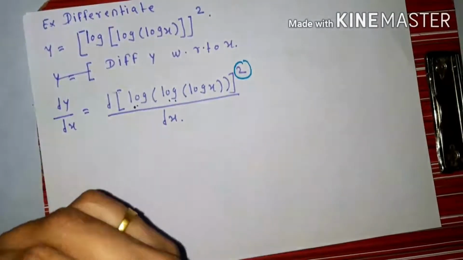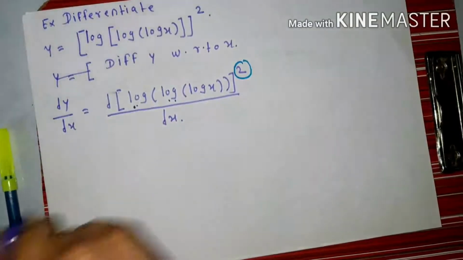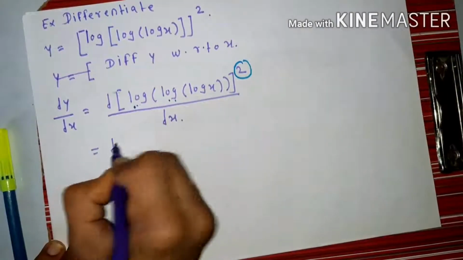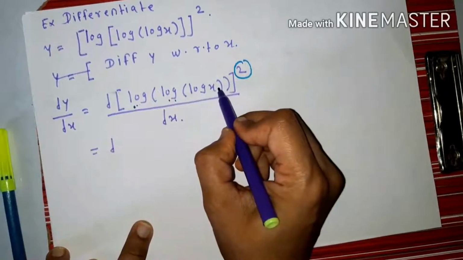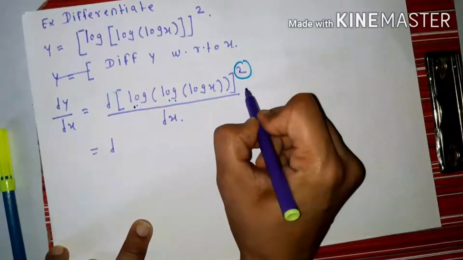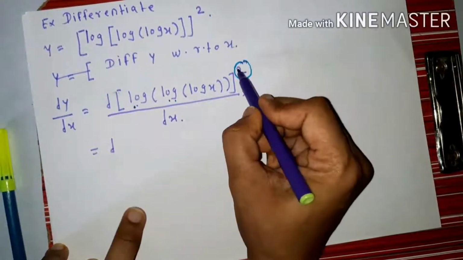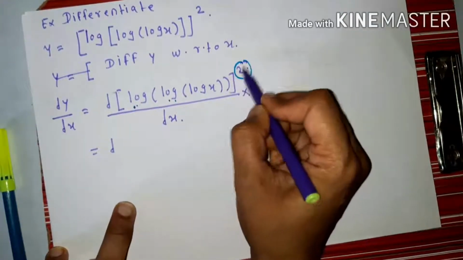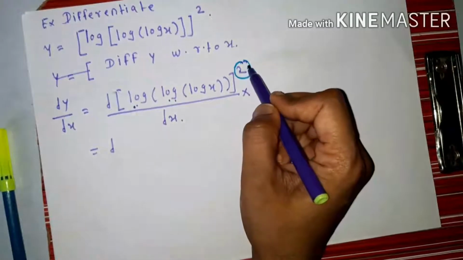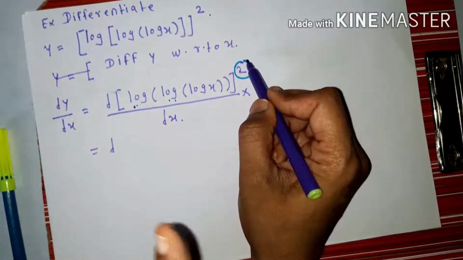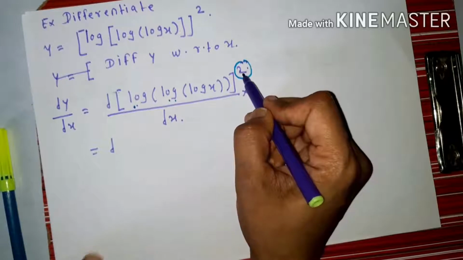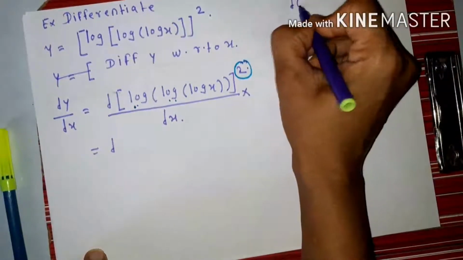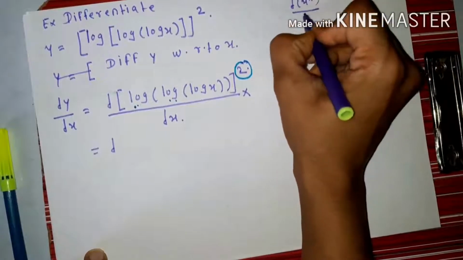So differentiation of log of x whole square. In the very first step we will differentiate according to the power function formula, that is x raised to n. Means पहिल्यांदा आपण ह्या 2चं डिफरन्सिएशन घेणार, पॉवर फंक्शनचं डिफरन्सिएशन घेणार. ओके, आणि ह्या पॉवर फंक्शनचं डिफरन्सिएशन काय घेणार की डिफरन्सिएशन ऑफ एक्स रेज टू एन विथ रिस्पेक्ट टू एक्स.